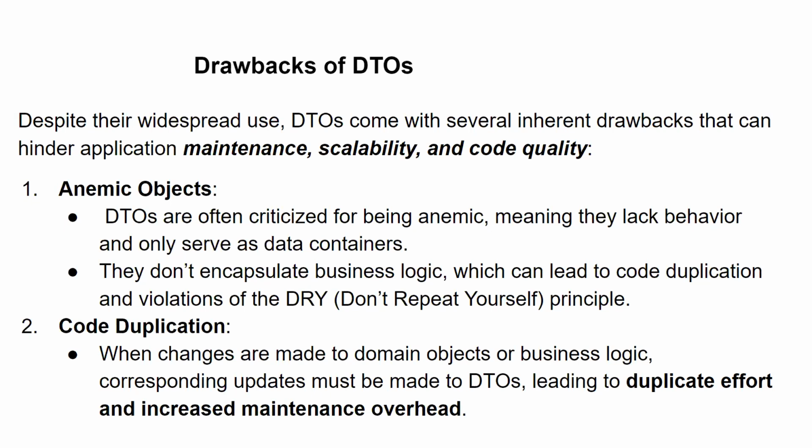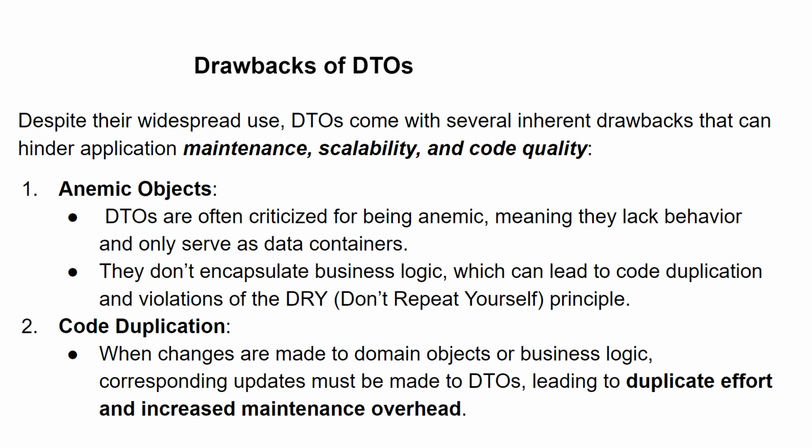Number one is anemic objects. DTOs are often criticized for being anemic. What does anemic mean? Meaning they lack behavior and only serve as data containers. They don't represent the business logic; they only represent data.